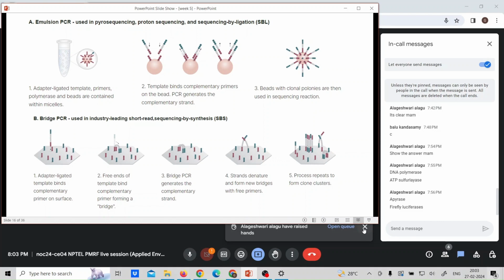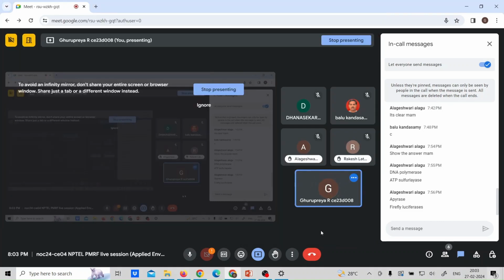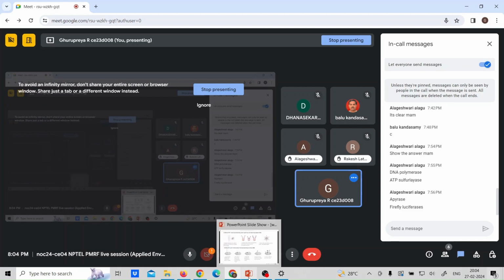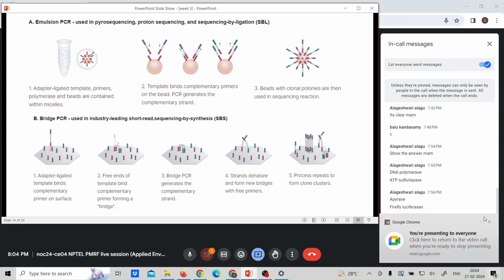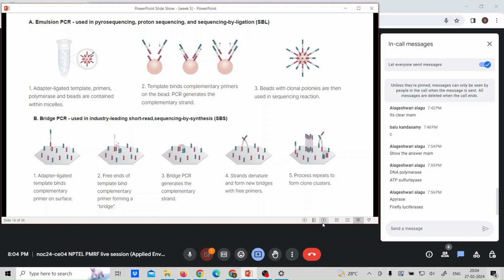You can either unmute and ask, or you can also put it in the chat box. I see two hands raised. Okay, I'll continue and I'll wait for your questions in the chat box. I'll clarify as and when I see the questions.